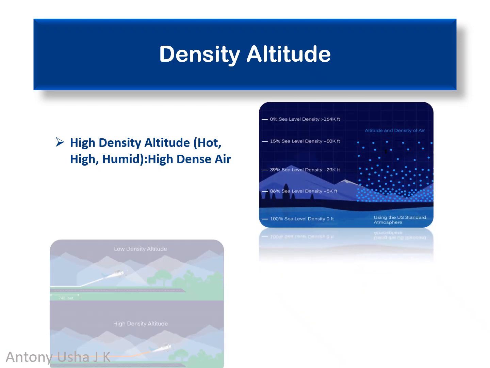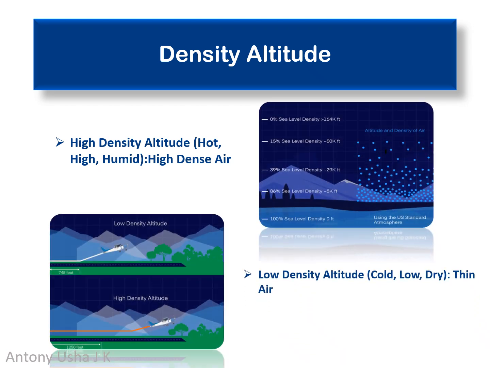Density altitude. Pilots must consider density altitude when planning flights, especially in hot weather or at high-altitude airports. Performance charts and manuals provide guidance based on density altitude for safer operations. Now, let's talk about density altitude, which is arguably the most important concept for pilots.